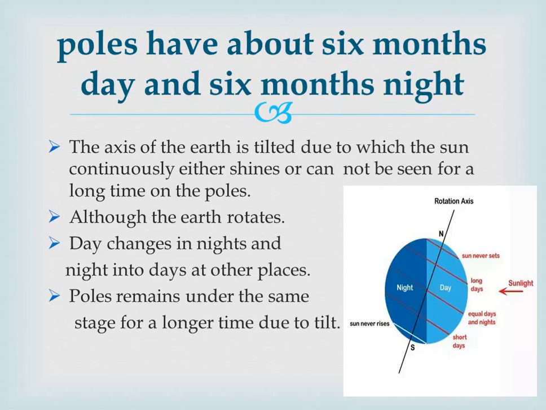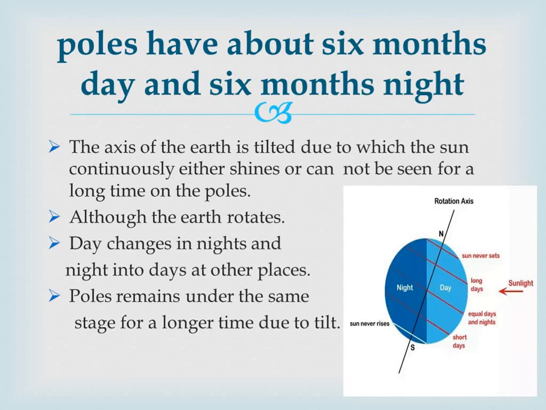We talked that it is tilted 23.5 degrees, due to which the sun continuously either shines or cannot be seen for a long time on the poles. If you see where N is written, that represents the North Pole. Near the axis, near the pole, the parts have day continuously for a long time.